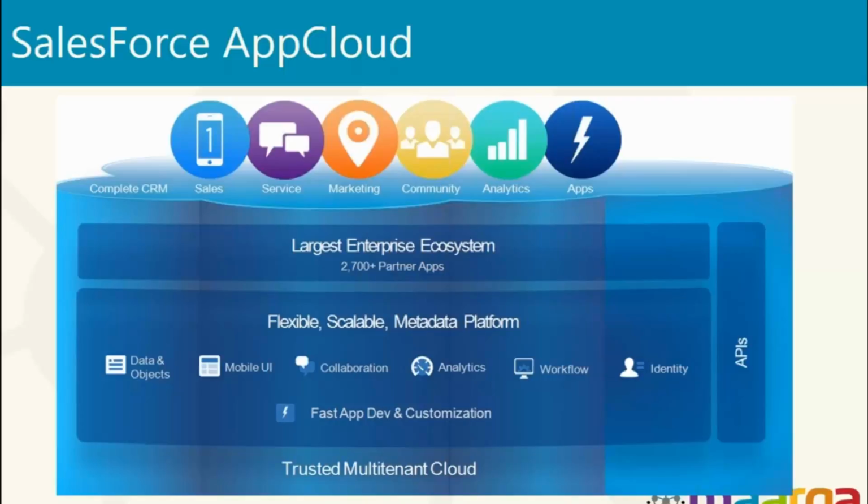The Marketing Cloud similarly does it for marketing areas, and Service Cloud, of course, helps in customer service aspects. But what we are keen on at this time is the SalesForce AppCloud. Now, what is the AppCloud? It's a platform. It's a platform as a service.